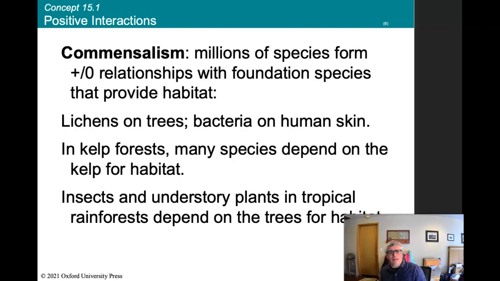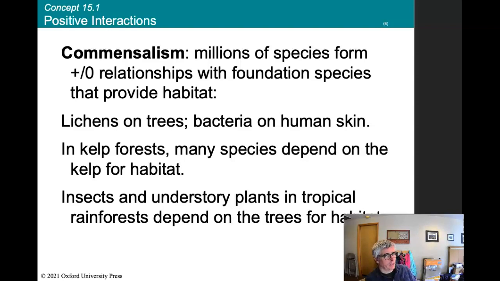And then in this idea of a kelp forest, we're really thinking of a foundational species. Kelp is there providing a three-dimensional habitat that's greatly increasing biodiversity and biomass, and the organisms that are benefiting from that are not necessarily benefiting the kelp itself.